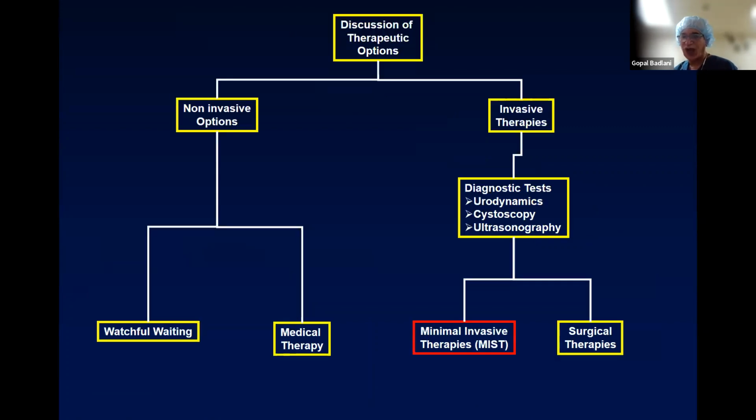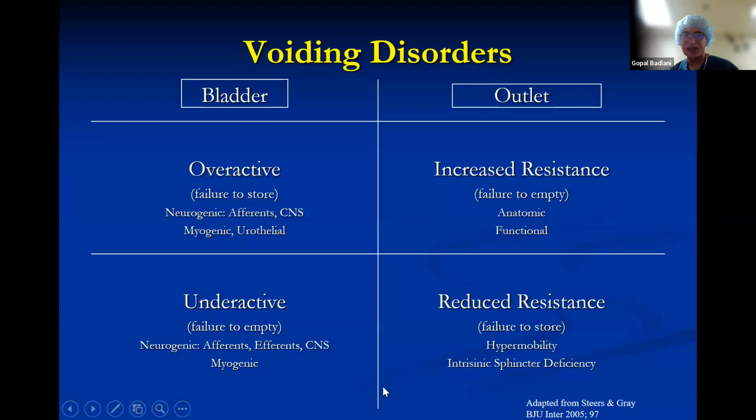Beyond drugs, what you have is the minimally invasive options. Today, UroLift would be the most common. Rezum is another one. And the surgical therapies. That's how you would do it. Basically, you need to define voiding disorders in terms of overactive bladder or underactive bladder, increased or reduced resistance.